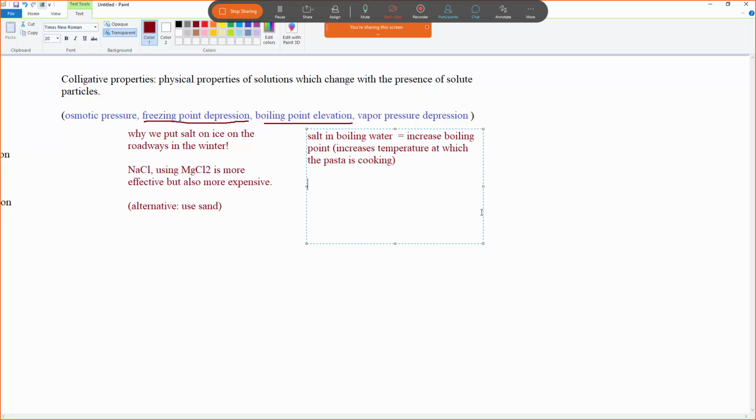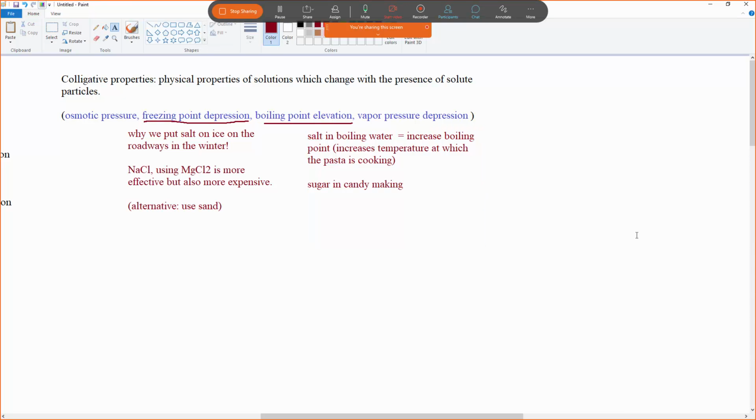You will see this, for instance, with sugar in candy making, right? You might have a very high concentration sugar solution in candy making. And of course, as the water in the solution evaporates away, it becomes more concentrated and that boiling point increases and increases and increases. So that gets to be a very hot solution as well. So these are some specific examples of where you might see this.